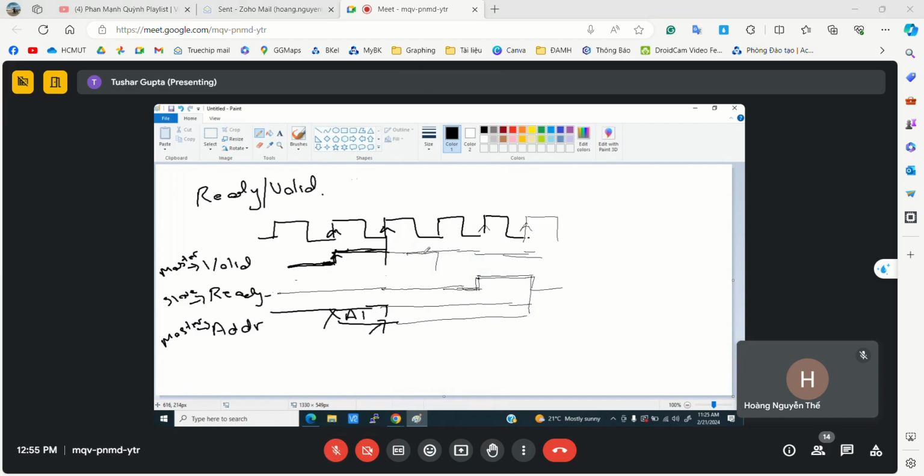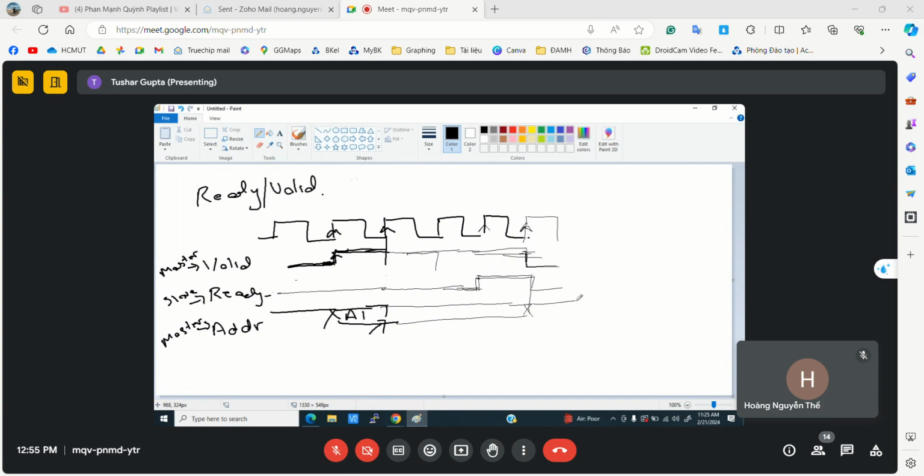Okay. So this ready valid handshake is the same for all the channels, and we must understand how the handshake happens and at what clock our request, our data, all the signals are being sampled. So now at this positive edge, the valid gets low because our request has been sampled, so the valid can go low.